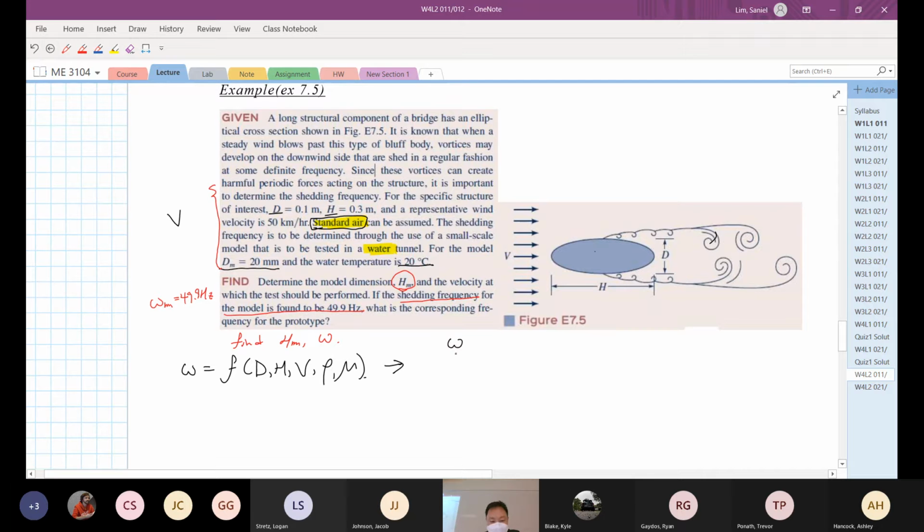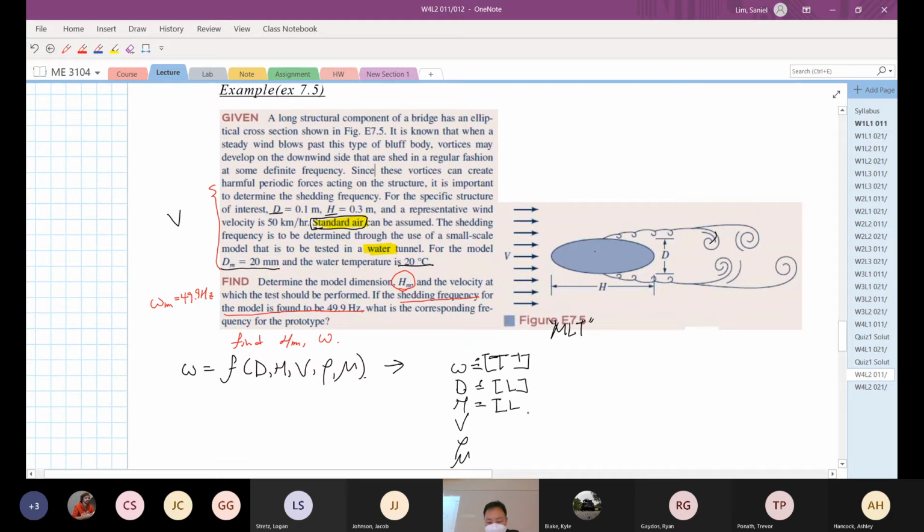So we have omega, D, H, V, rho, mu. Let's use the MLT system. I think I need more space here. Then this is T minus 1. This is the unit. This is L.